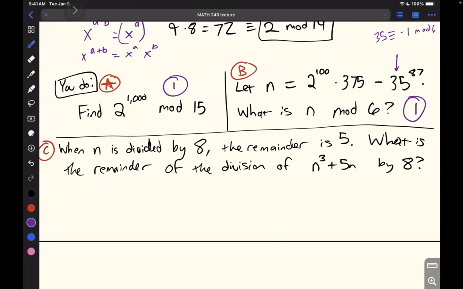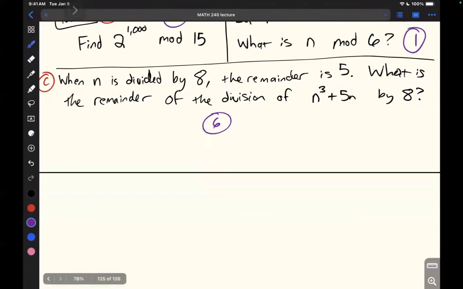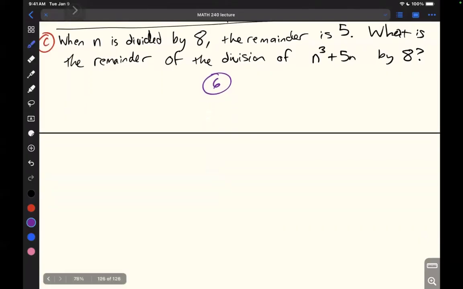And then this is going to be 6 mod 8. So I've given you the answers, but I haven't told you why. And so I might make this warm up for next time. So even if you know the answers, that's not the point. The point is to know why.